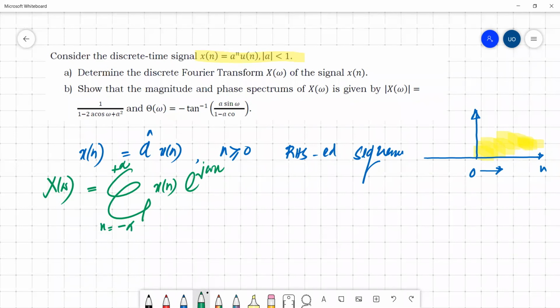Okay, so if you simply apply this definition for this function, we know that this function is defined only for positive values of n. So then you can truncate this summation and simplify it, with n equals 0 to plus infinity. x[n] is now a to the power n.